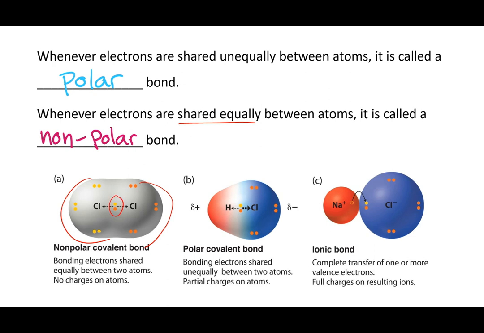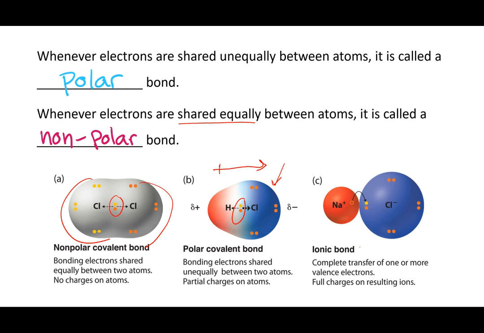Although they are sharing these electrons, it's nonpolar. Whereas in HCl, chlorine is the stronger of the two, so it has a dipole that points towards chlorine, and that would be a polar covalent bond because they are still sharing these two electrons.